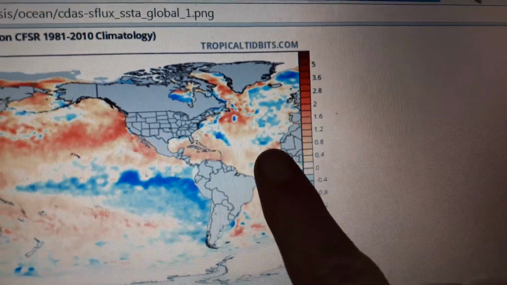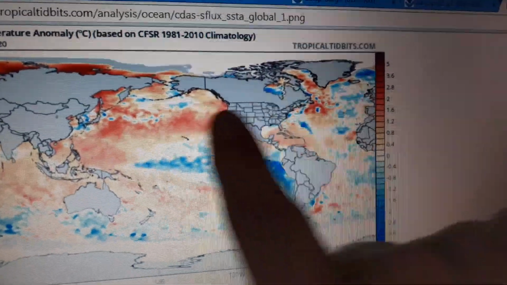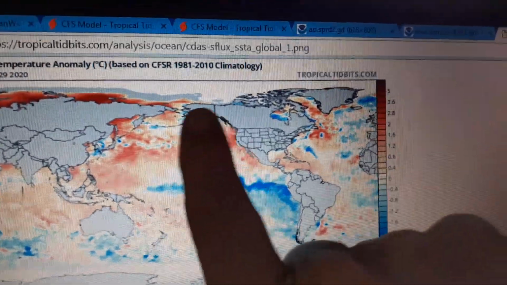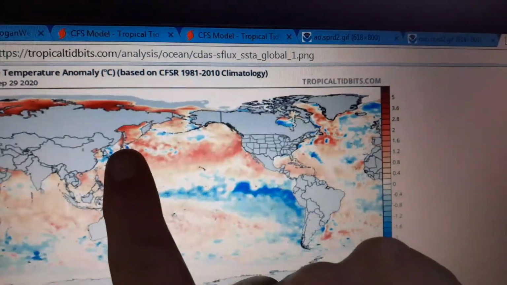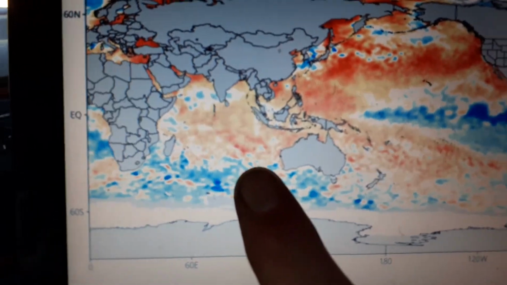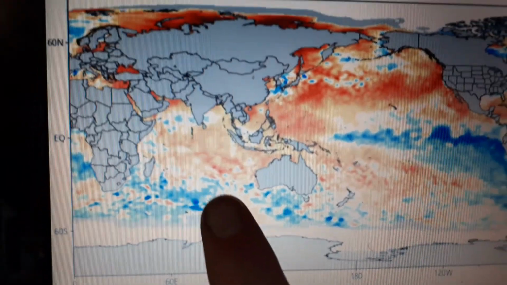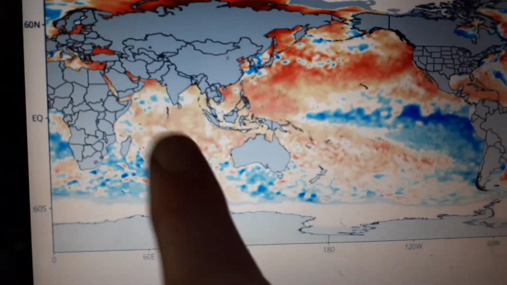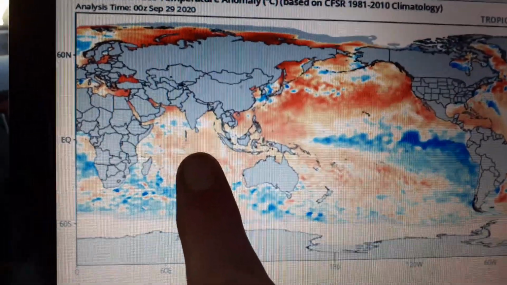Notice here also the waters over the North Atlantic have cooled a fair wee bit as well. We've still got a ribbon of warmth extending from British Columbia around this cooling area of water here, and extending up into Japan here. The Indian Ocean Dipole, which was very positive at this time last year, is more neutral to slightly negative. That also, by the way, is another opposite of last year as well.